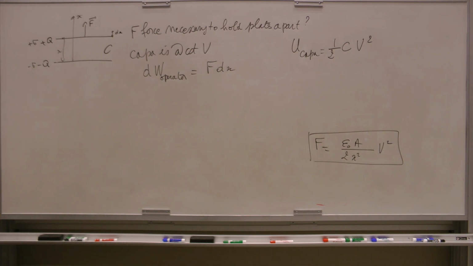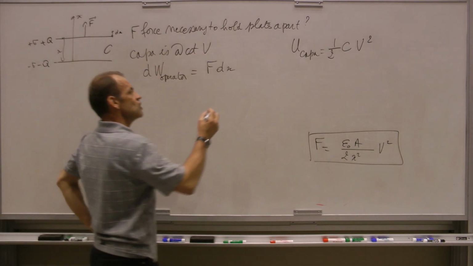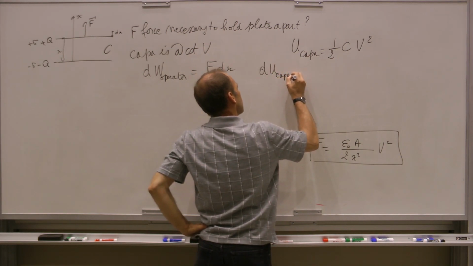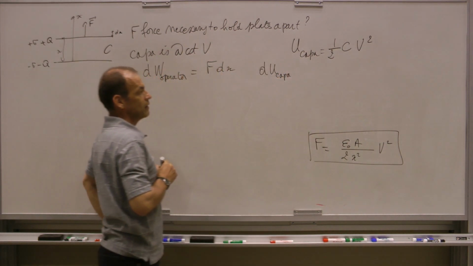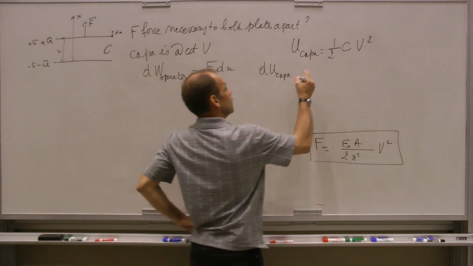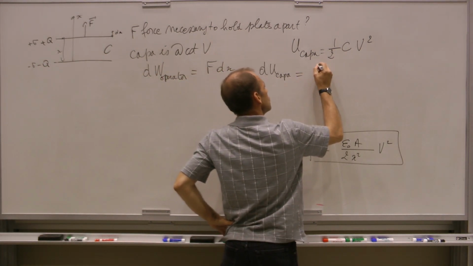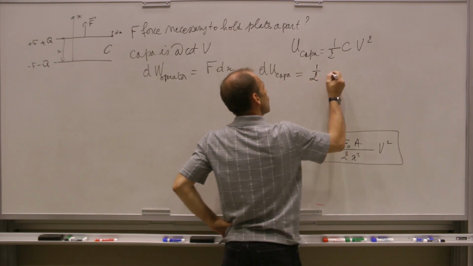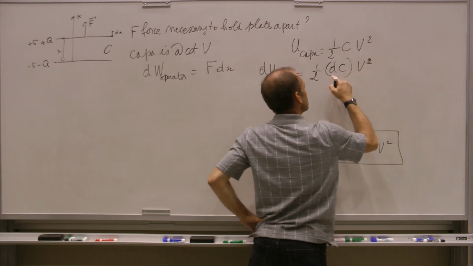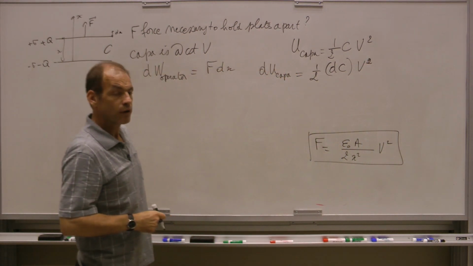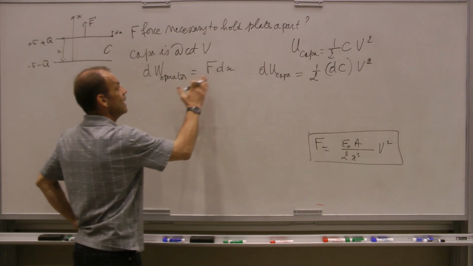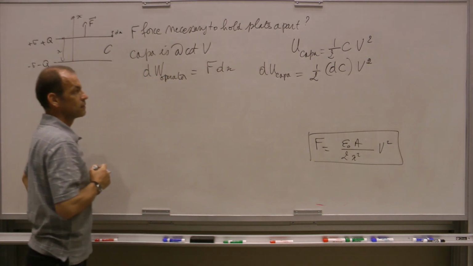No change on that. What is the change in the energy held by the capacitor? Well, V is constant, so this is going to be equal to 1/2 of dC V squared, with dC the infinitesimal change of the capacitance. Now I'm going to equate those two things.